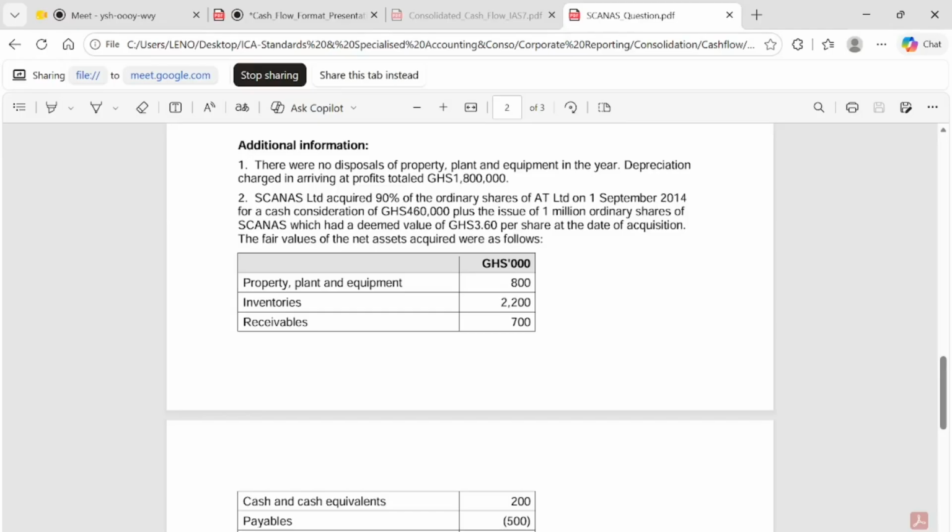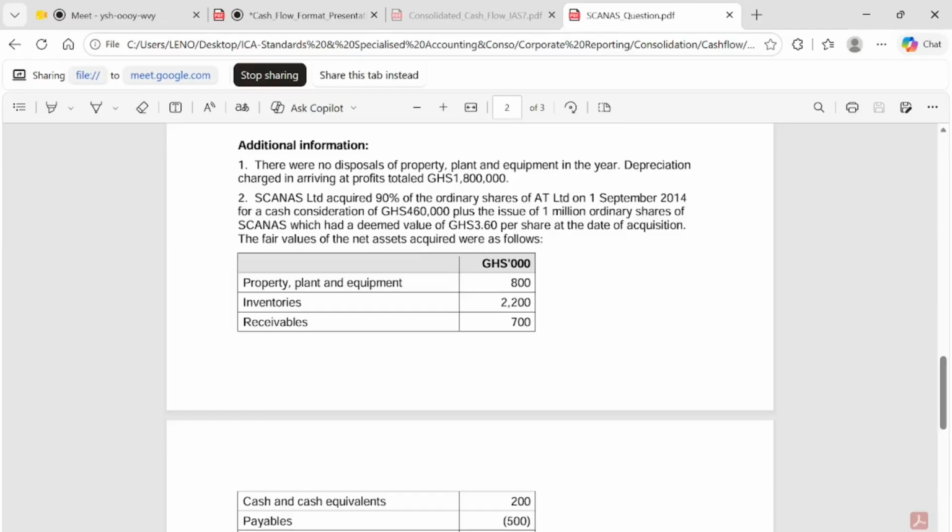Scanners Limited acquired 90% ordinary shares of AT Limited on 1st September 2014 for a cash consideration of 460,000 plus the issue of 1 million ordinary shares of Scanner, which had a deemed value of 3.6 per share at the date of acquisition. This very paragraph, you should understand it. Do you understand it? It's trying to explain the cash component used. Okay. Consideration.